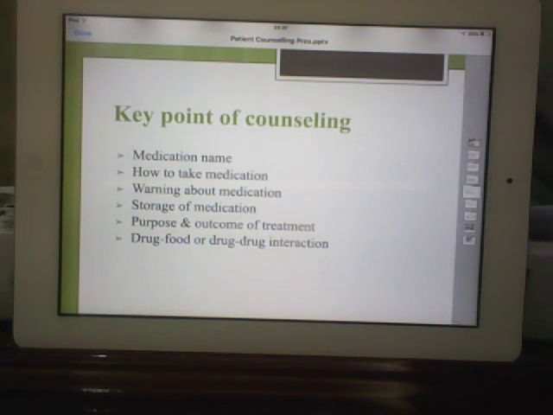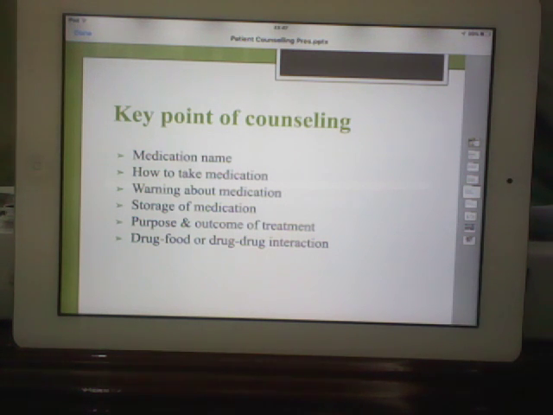He should give in detail the dosage form, the way of taking the medication, the frequency of taking the medication. Any warning related to the use of the medication should be alerted and endorsed to the patient.